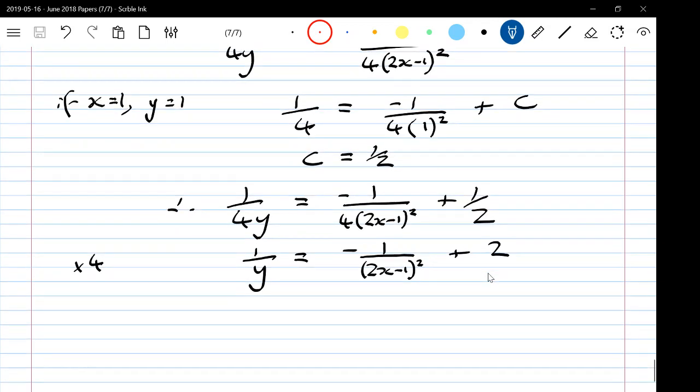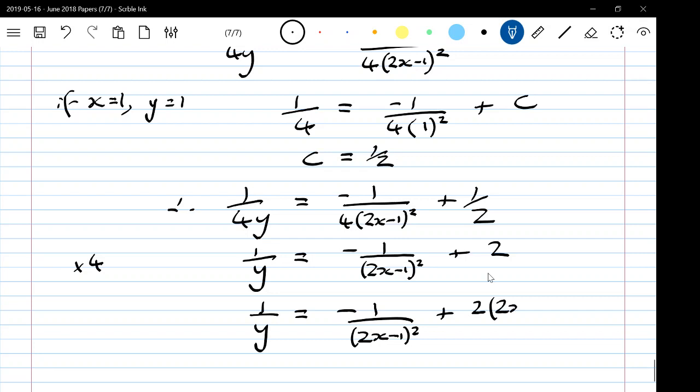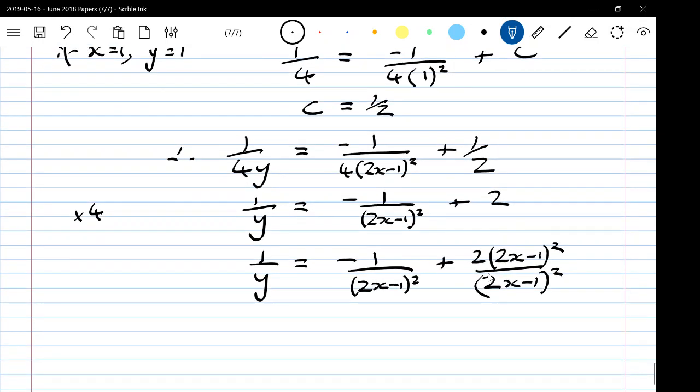If we're going to take the reciprocal of both sides, we need to get both sides as a single fraction. So we do have 1 over y. If we put it as a single fraction, that's minus 1 over 2x minus 1 squared plus 2 lots of 2x minus 1 squared over 2x minus 1 squared. You see what we've done there? I'm just trying to put it over a common denominator.